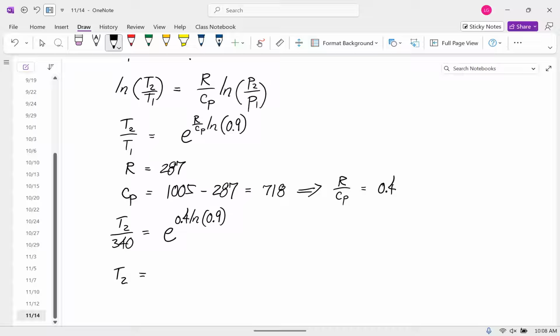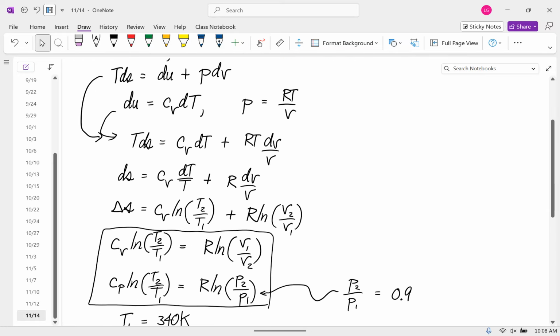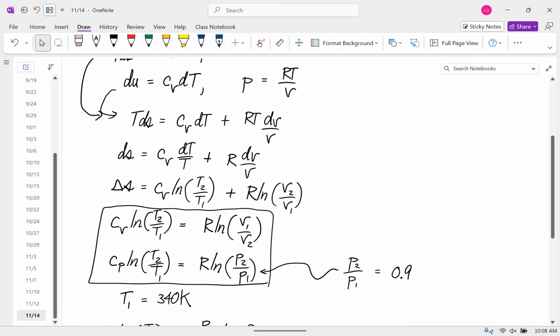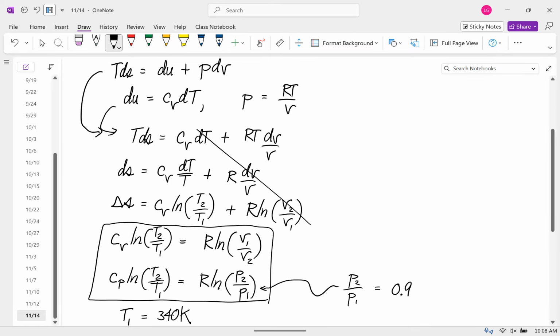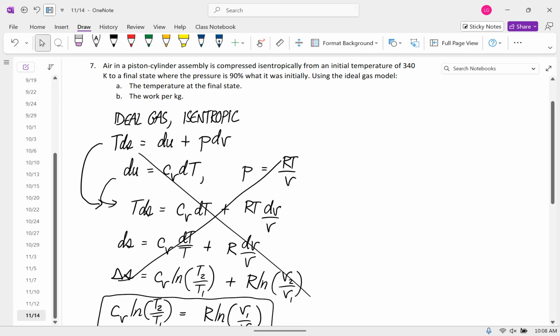And so I think we get that T2 is 326 Kelvin. And you would just start with those two boxed equations.